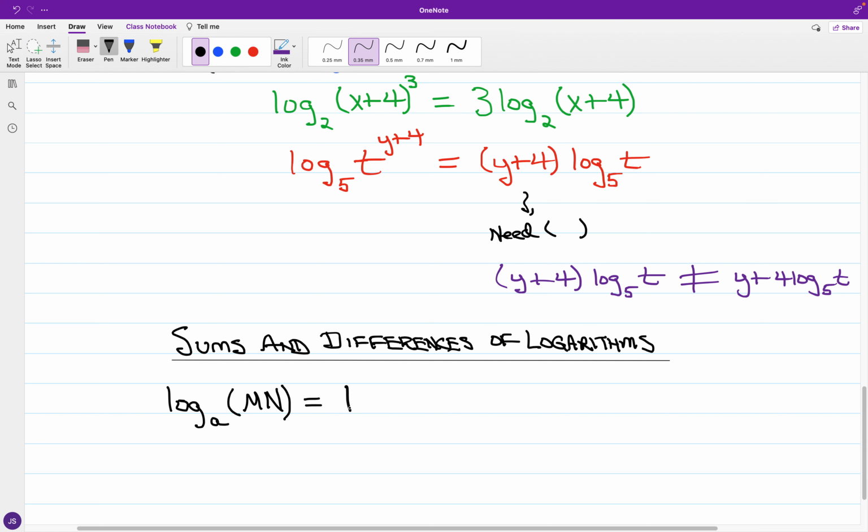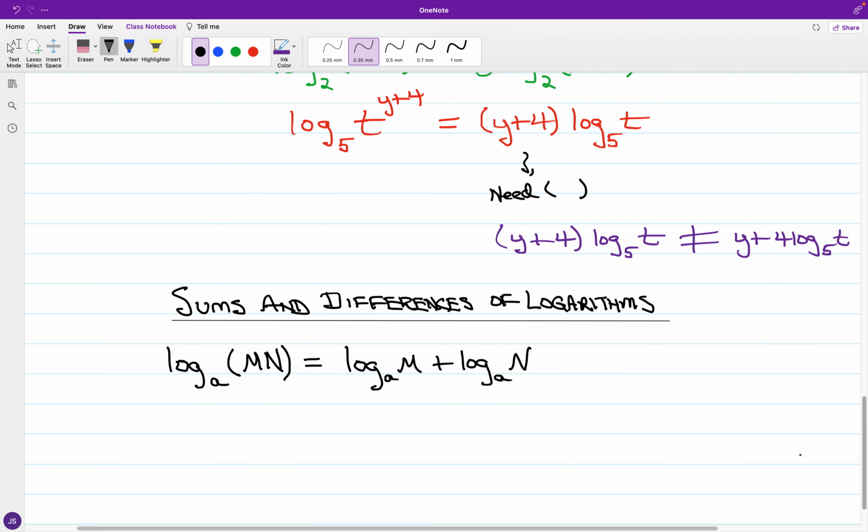So for this particular term, we're separating m from n. The base A logarithm of m times n becomes the base A logarithm of m plus the base A logarithm of n. So multiplication in the single term implies addition once the terms are separated.